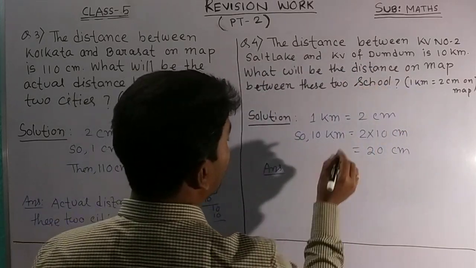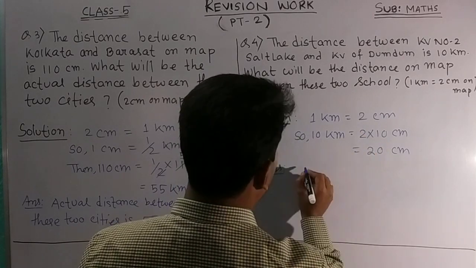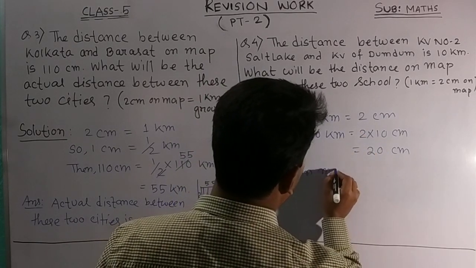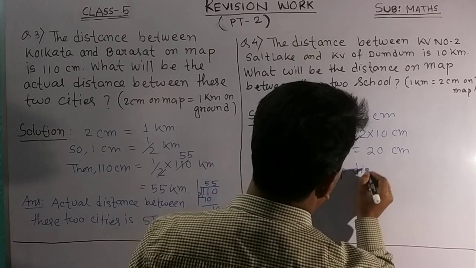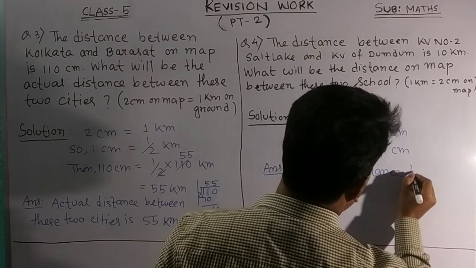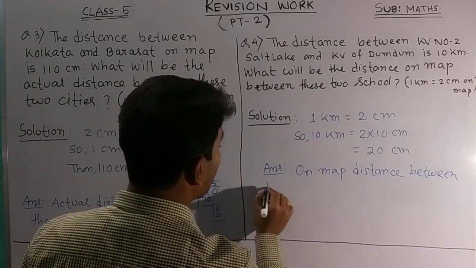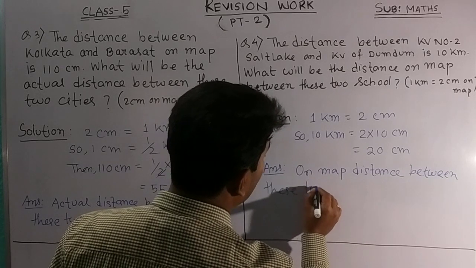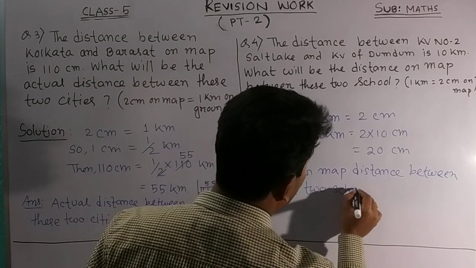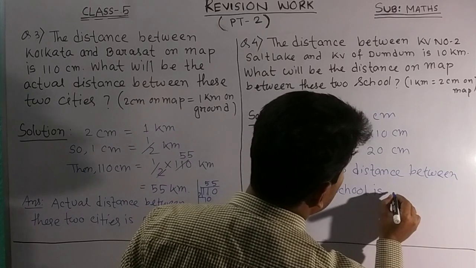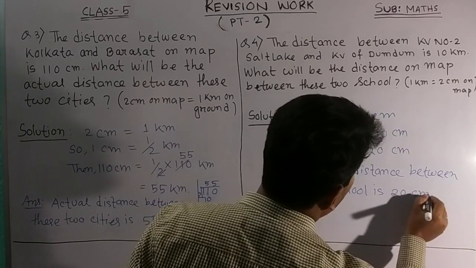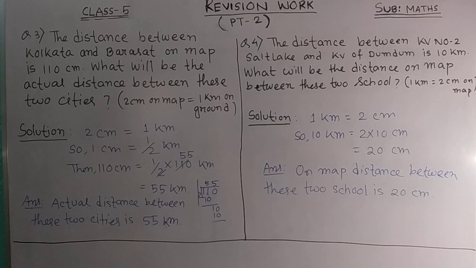Okay, so what you need to write as the answer: distance on the map between these two schools is 20 centimeters. Very easy, because 1 km equals 2 centimeters, so 10 km equals 20 centimeters.